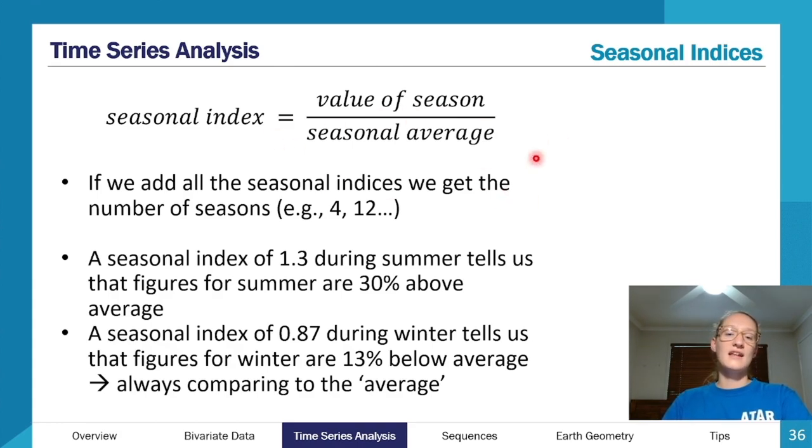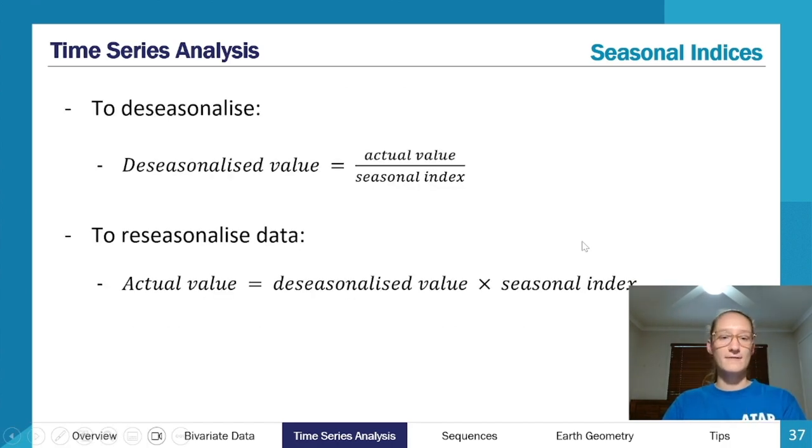You've got to calculate that seasonal average before you can find your seasonal index. Again, a quick reminder that if you add your seasonal indices together, it will equal the number of seasons. So that can be helpful if you've got to find an unknown seasonal average as well. And again, if it's 0.87, that means that it's 13% below average. We're always coming back to the average.